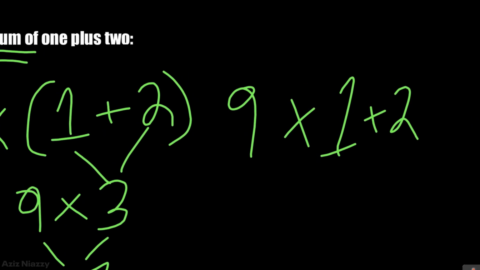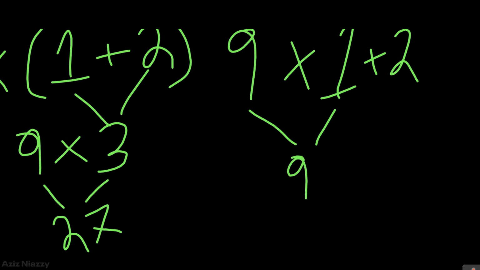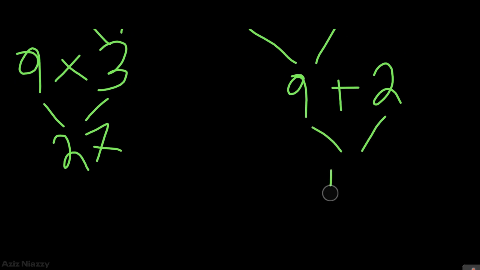So let's solve here. In PEMDAS, we have to multiply first before addition. So 9 times 1 is 9, and 9 plus 2 is 11, which is totally different than 27.